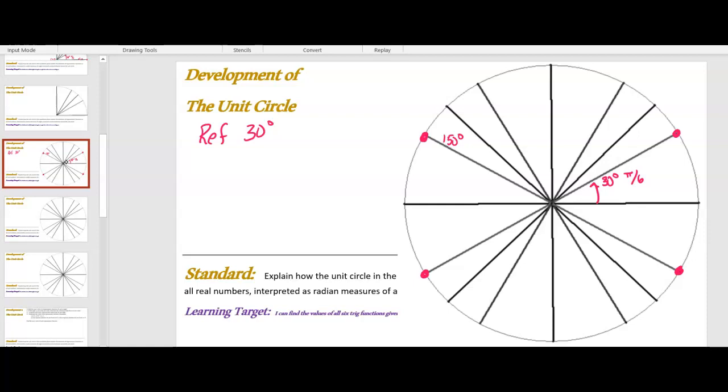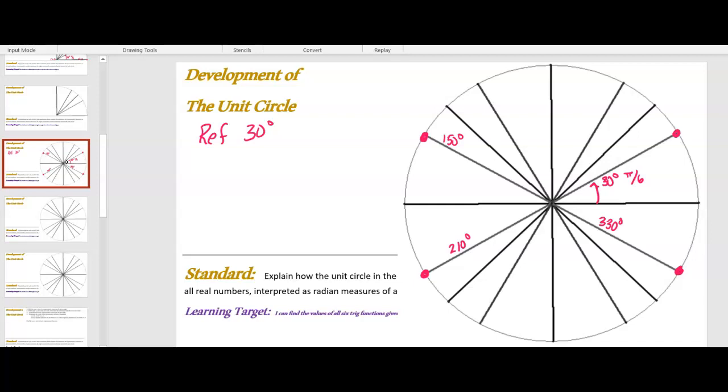Okay? If I go to 180 and I add 30 degrees, that's going to give me 210. It's important to know that 210 has a reference of 30 degrees. Also, if I go all the way to 360 and subtract 30, that leaves me 330 degrees.